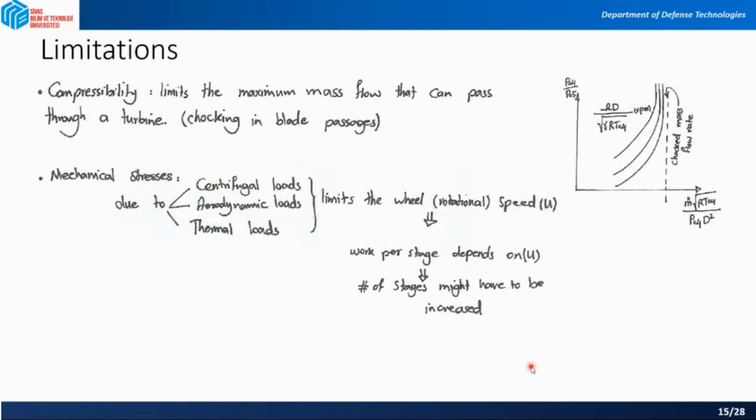Of course, you have some limitations, and the limitations are either from compressibility or from the mechanical stress. So the compressibility, as we said, we have some limiting in the maximum mass flow that can pass through a turbine. So it has a choking in blade passage. In blade to blade passage, you have a throat, and the flow is choked there.